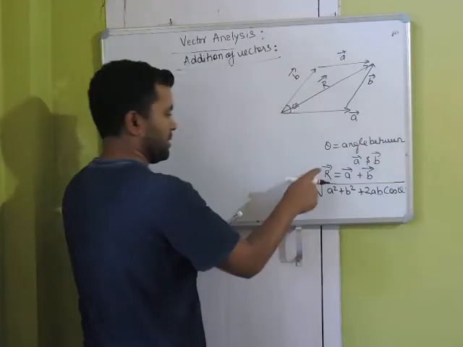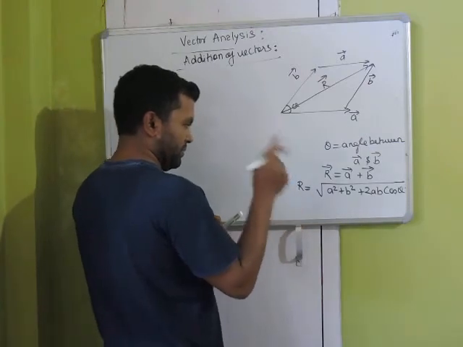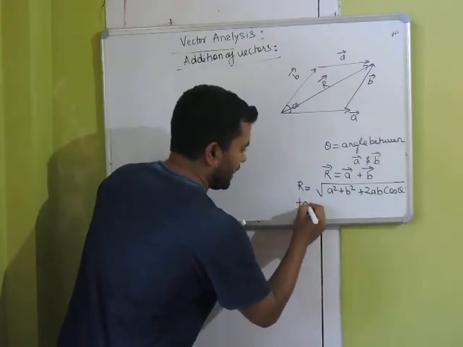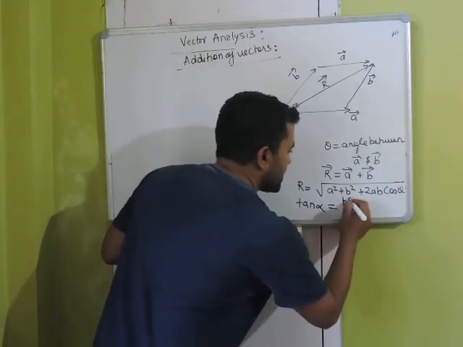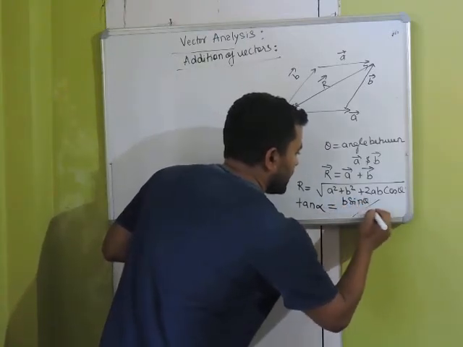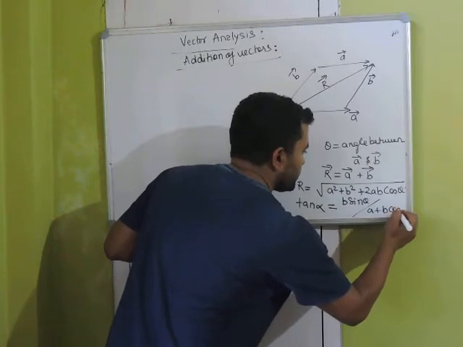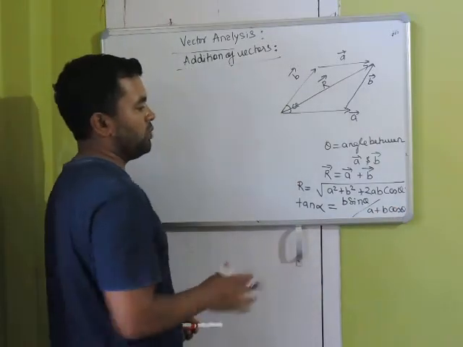This is the magnitude of R, and also we will prove that tan alpha, I will mention what this is, is B sin theta by A plus B cos theta. So we are going to do this.